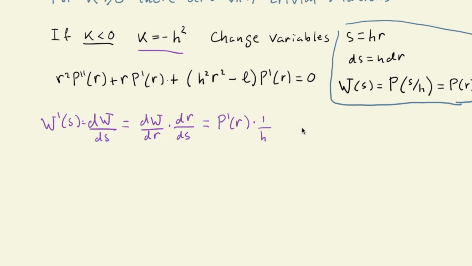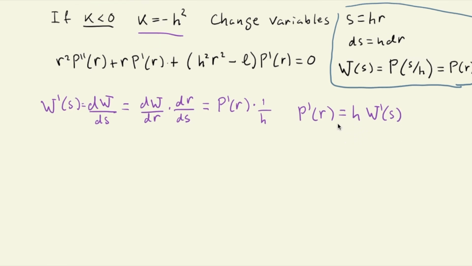And what you find is that p prime of r is equal to h w prime of s. And you can do exactly the same thing again to find out that if you take 2 derivatives of p in r, that's h squared times 2 derivatives of w.